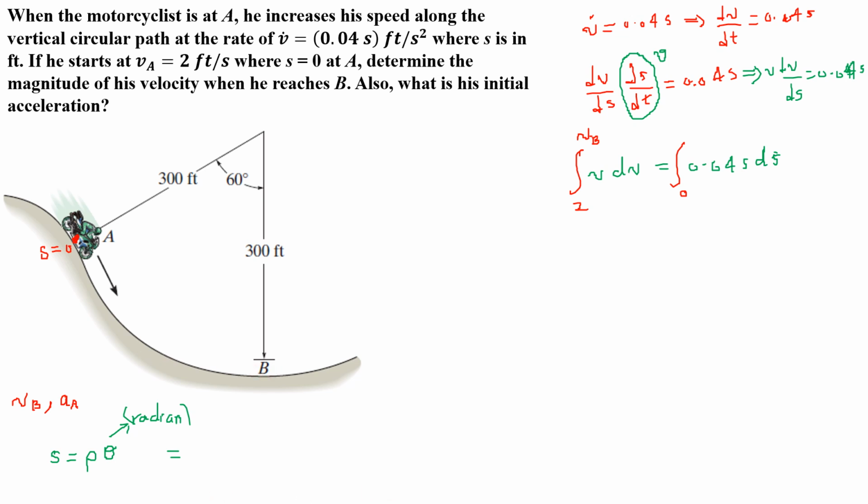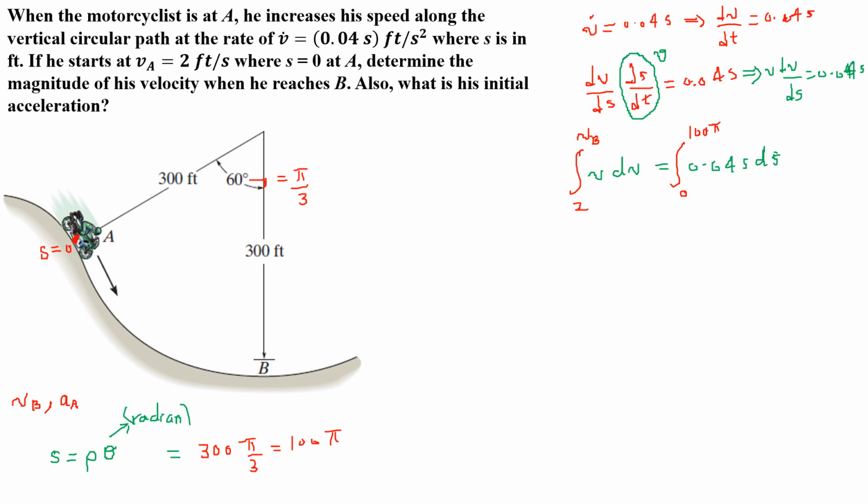Substituting rho given to be 300, and the angle 60 degrees, which converts to pi over 3 radians, we get 300 times pi over 3, which is just 100 pi. That's my upper limit for the integral for s.